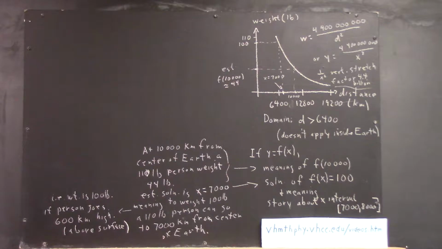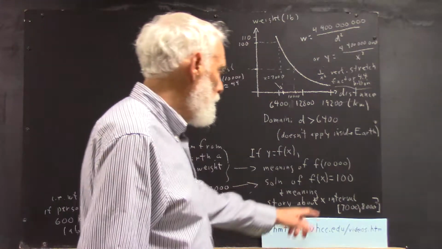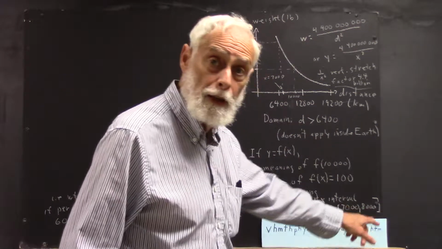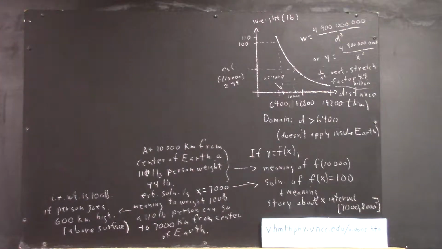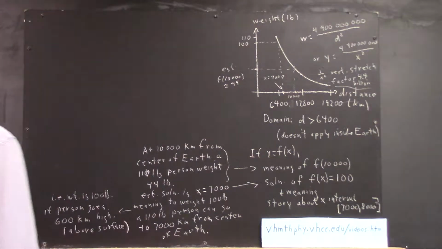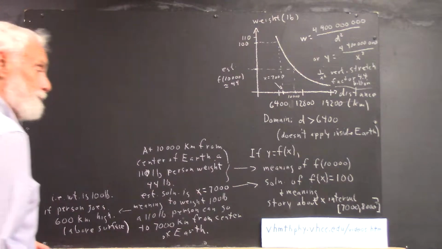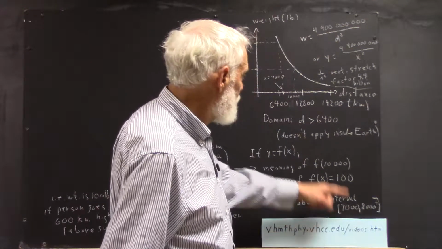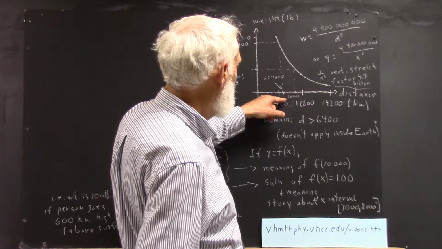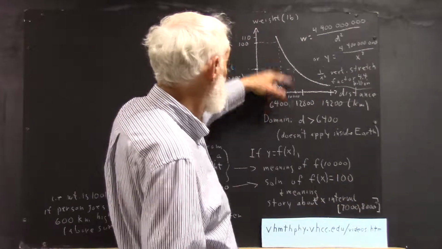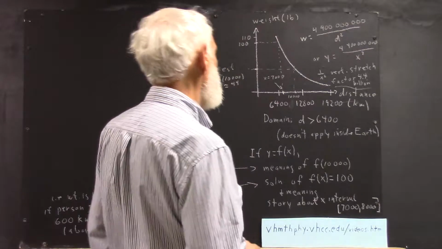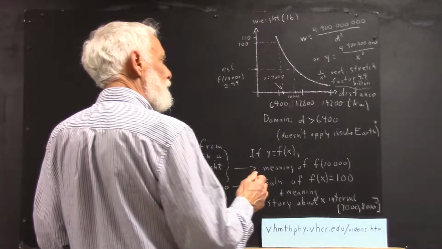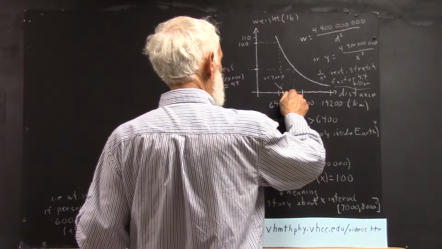Okay? Now, how about a story about the x interval from 7,000 to 8,000? Okay, just in terms of estimates, we don't have to do calculations, but we can, and we could. Well, at x equals 7,000, that means we're 7,000 kilometers from the center. Weight appears to be 100. Okay, at 8,000, let's see. 8,000 would be 1,600 plus that would be about a quarter of the distance.